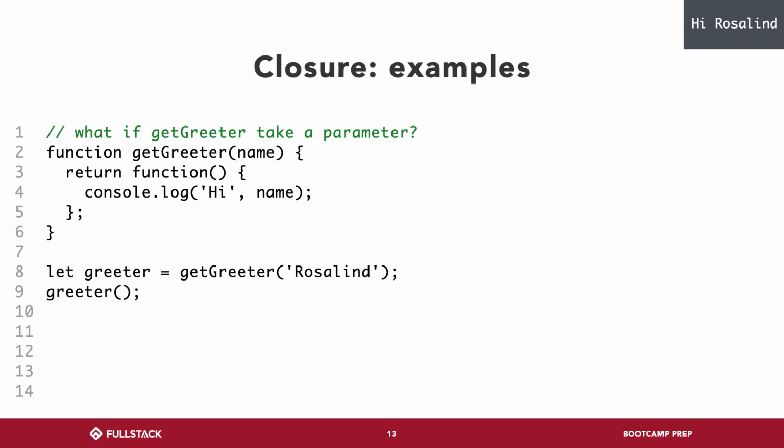If you left everything the same, and you put a name here, what is JavaScript going to do when it sees this? I would think that it would look for the name in its own scope first. Name exists. It is a parameter. We're not giving it a value, but it does exist, right? It's not like not found. Its value is undefined because we don't pass anything into greeter here.